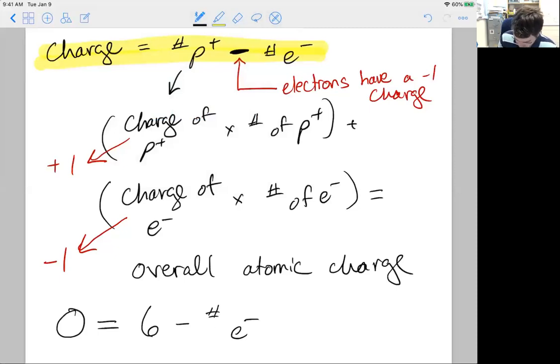The number of electrons, then, from 6 to get 0, which tells us that our number of electrons is equal to 6, right? If you subtract both sides by 6, divide by -1, you get an answer of 6.